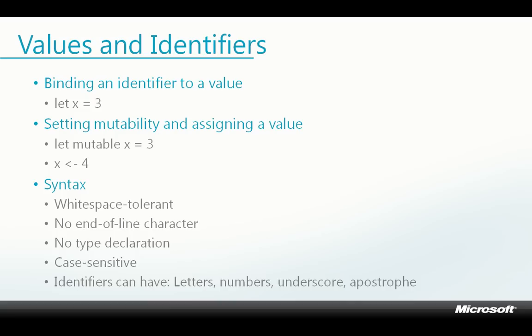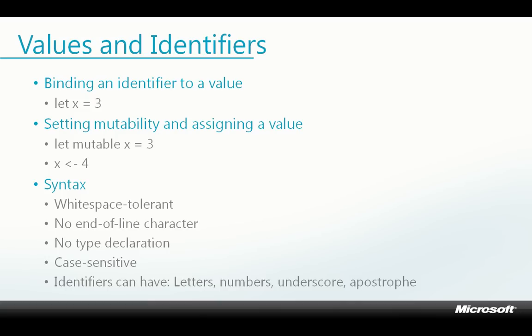So that's an example of how F# is designed to support immutability and to make code concurrency safe with less effort. Now, if for some reason you need to be able to assign to an identifier, you have to add another keyword, mutable, to make the identifier explicitly mutable, to make it a real variable. So I can say let mutable x equals 3 and then assign 4 to x.